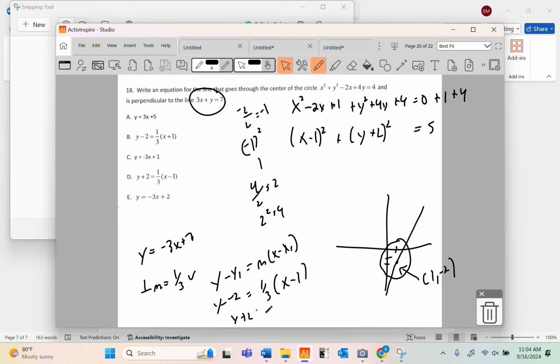So y plus 2 is 1/3 x minus 1/3. And if we take away 2, we'd have negative 7/3, if my brain is working right, which I don't even think I have to do. I think the answer is right there, isn't it? Yes, it is. Should pay attention to answer choices. This test was built for speed.